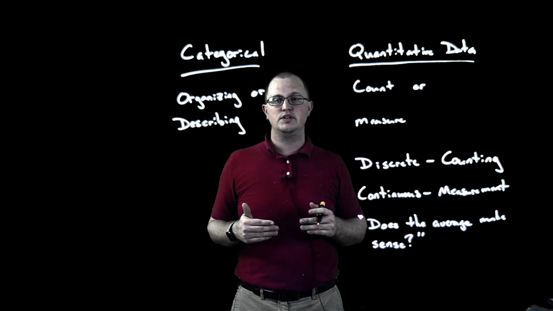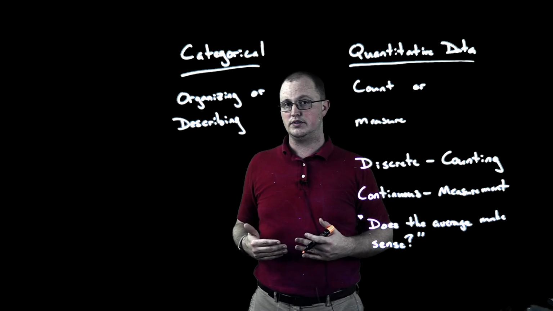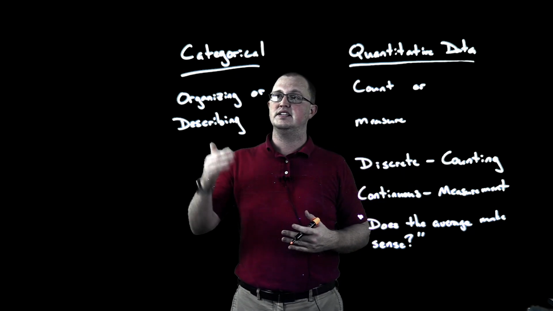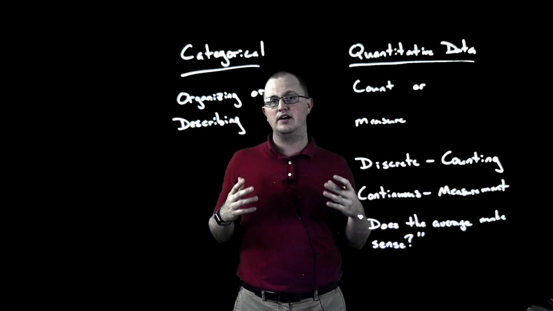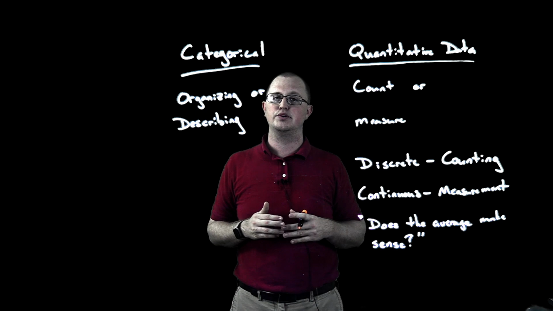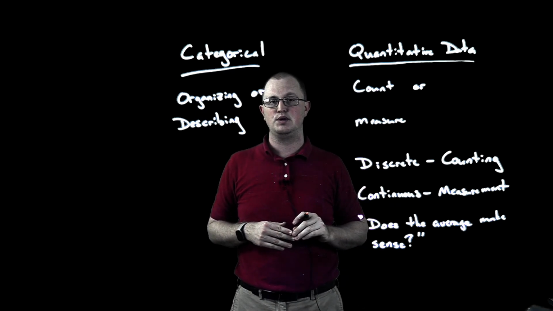So a zip code is an example of a situation where we have data that contains numbers, but it's still categorical data. It's still describing an area of Kentucky or the United States that a person lives, and it is not counting or measuring anything about those people.